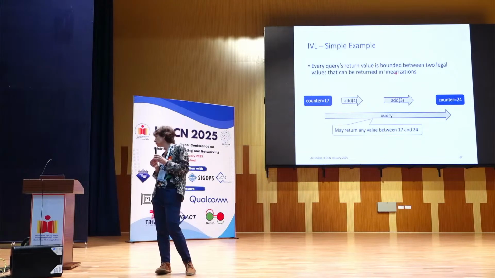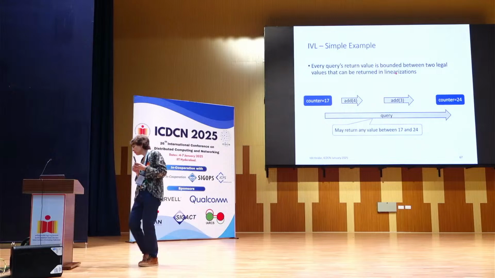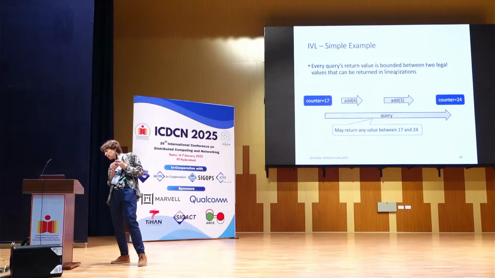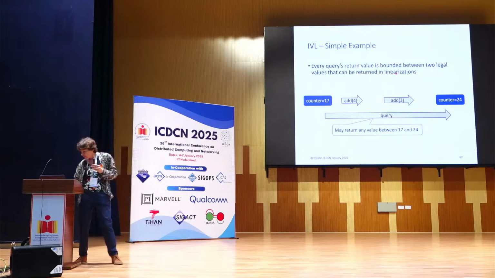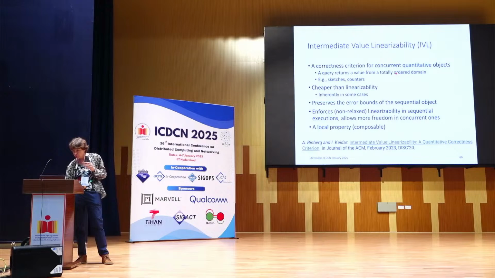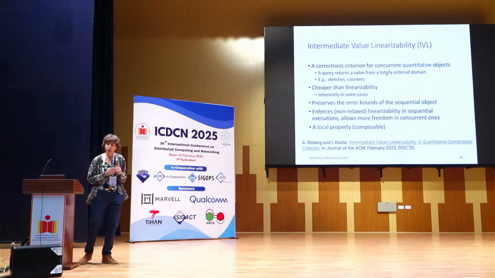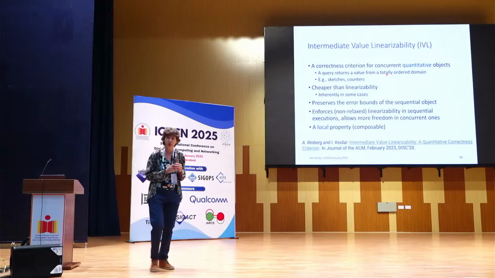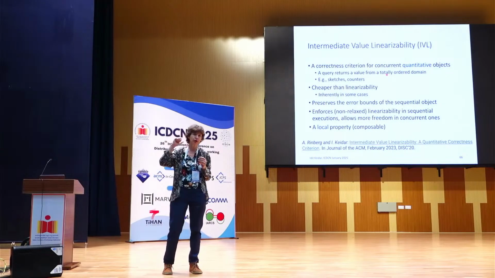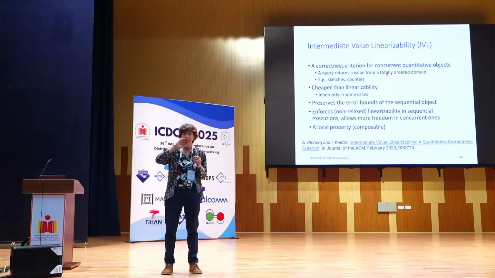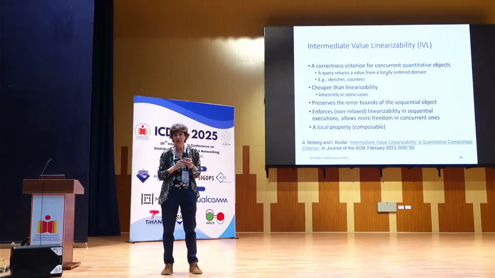Actually, I think it has to be totally ordered. I'm not sure about that right now. Here I wrote totally ordered domain, so maybe it does require total order, but it definitely can't go down. If it's a partial order, I'll need to think about that. Maybe we can check it offline. Sure.